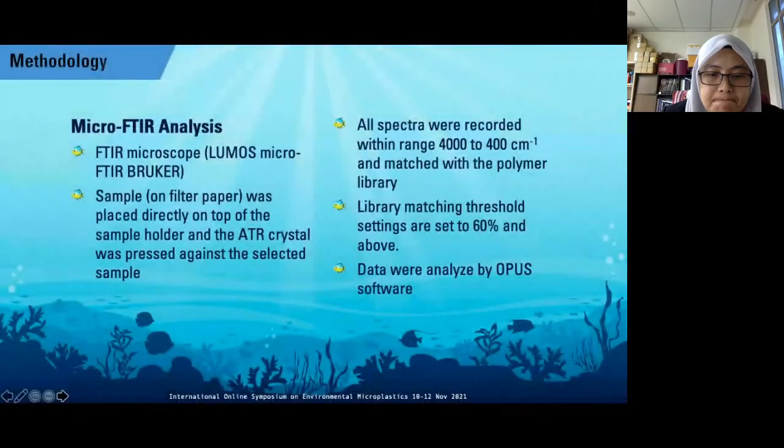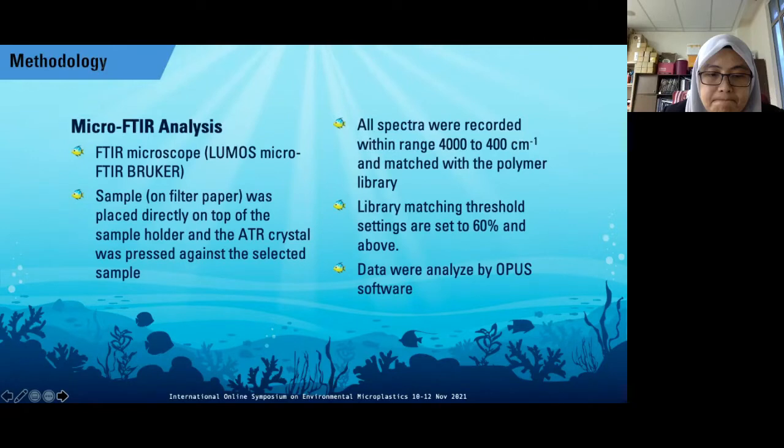Further, if you go into the detail for chemical characterization, the chemical vibration spectra and profile for microplastic samples were analyzed using FTIR microscopy. In our case, for this presentation, we present the one that we use with the Lumos micro FTIR.